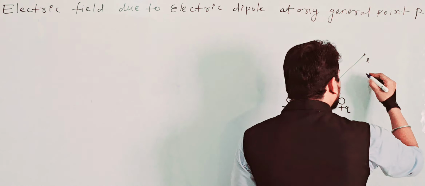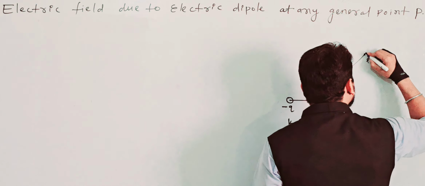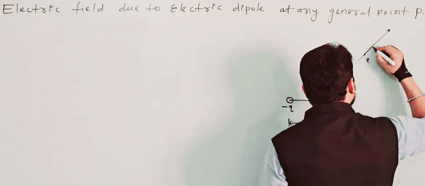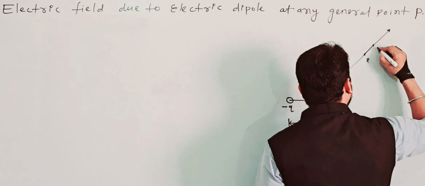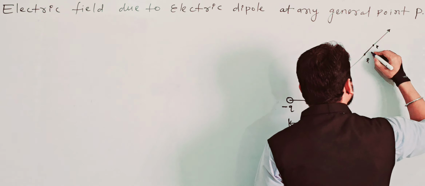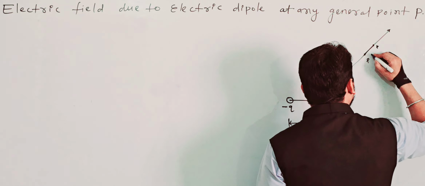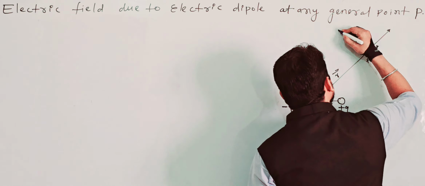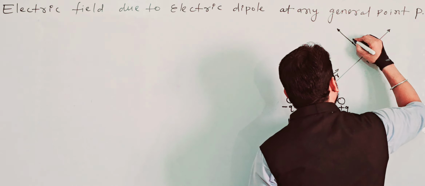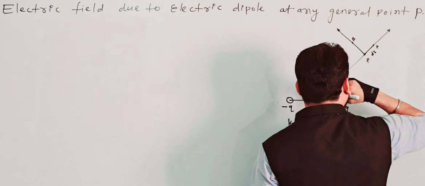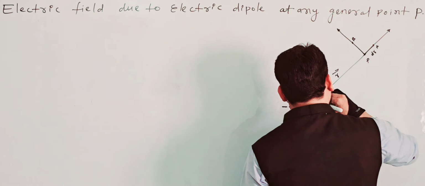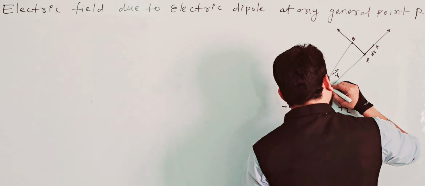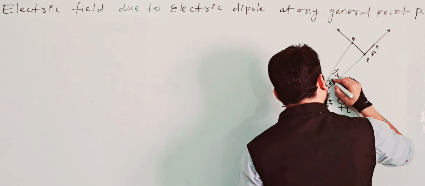If we change the position by some angle, this is P and this is A. P to A is dr. And if we change in this direction, A to B, this is d theta.